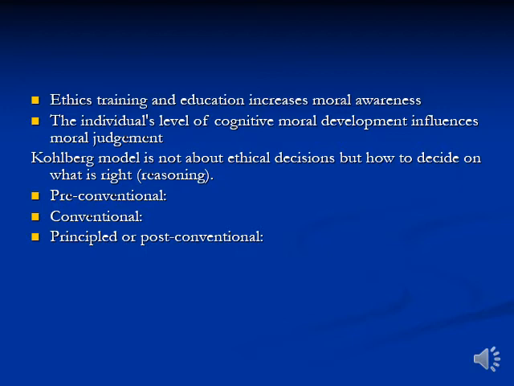So he actually tried to demonstrate how we use moral reasoning, whether based upon our self interests and what is good for us, so based upon avoiding punishment, as is the case in the pre conventional level, or based upon conformity to the expectations of others, as is the case in the conventional level, or based upon certain principles of justice and human rights that guide a few individuals and make them take decisions based upon their own self chosen principles, as is the case with the post conventional level, or what we call the principled level as well.